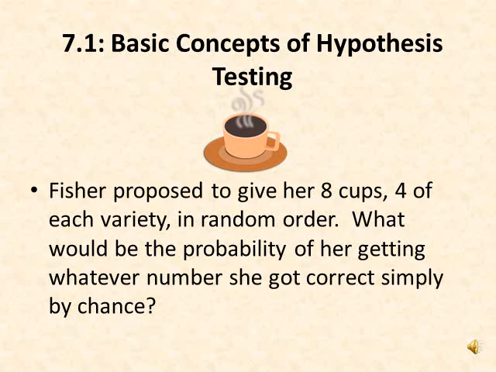Fisher proposed to give her 8 cups, 4 of each variety, in random order. What would be the probability of her getting whatever number she got correct simply by chance?